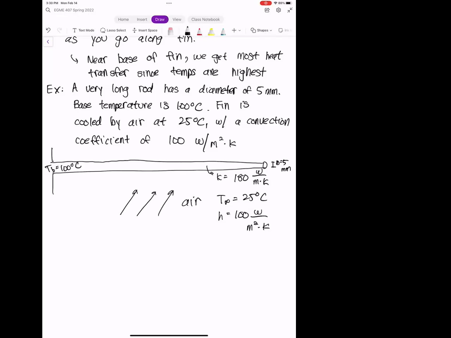All right, so given this information, let's compute the temperature distribution in the rod.